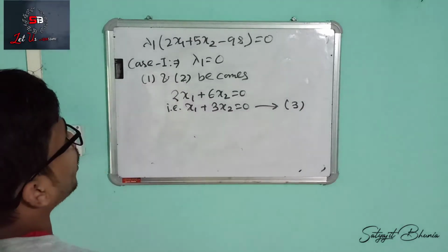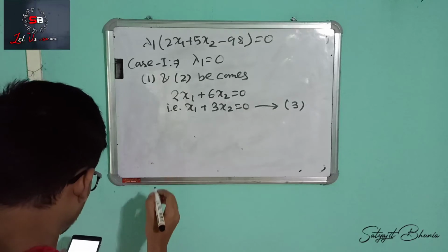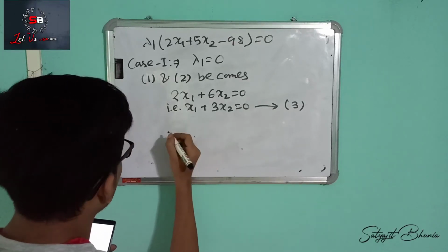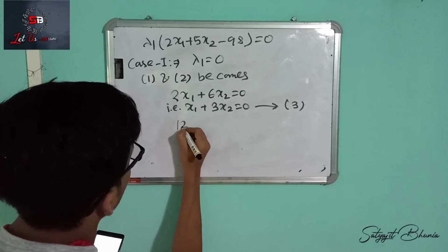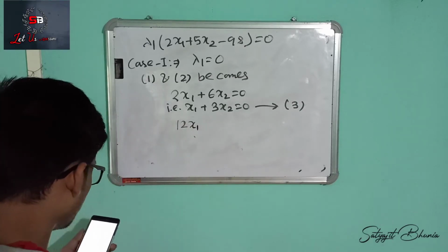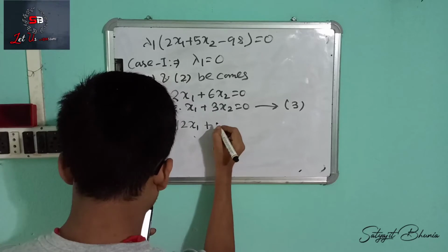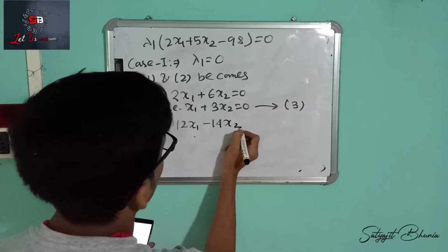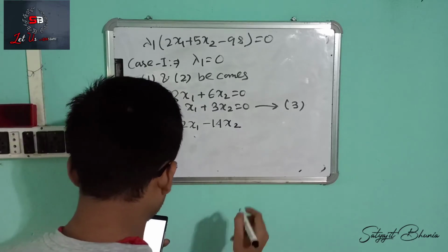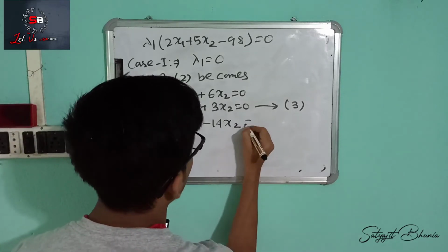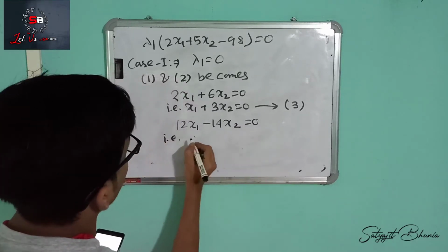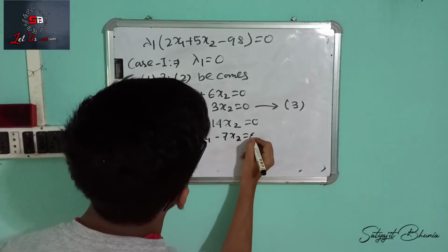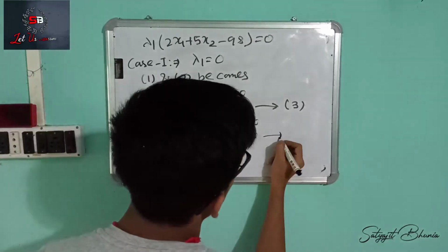Number 3. And 2 becomes 12x1 minus 14x2 is equal to 0, that is 6x1 minus 7x2 is equal to 0.